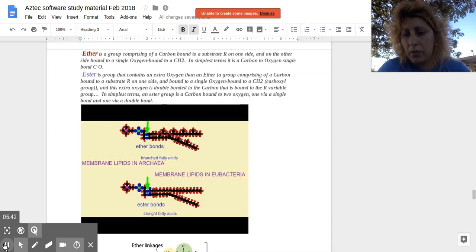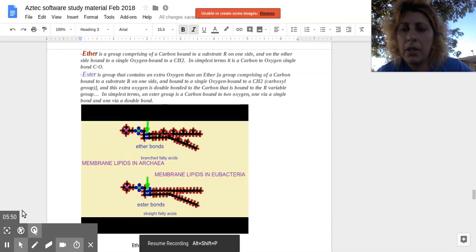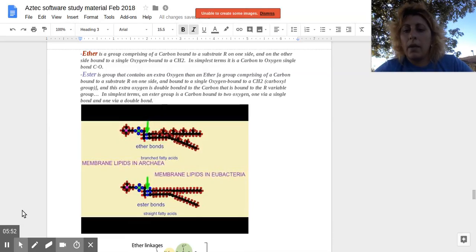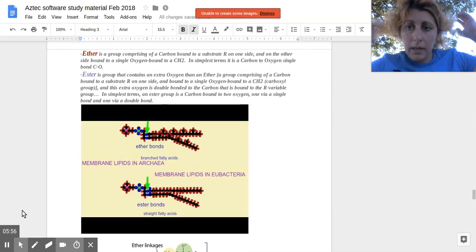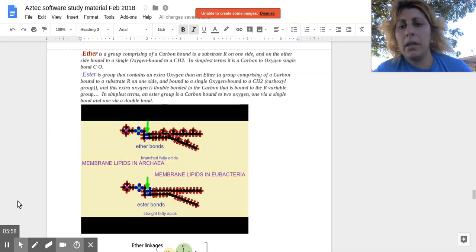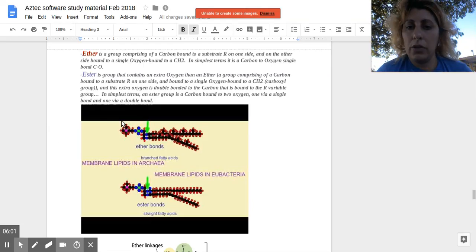bound within the phospholipid molecule. So ether is a group comprising a carbon bound to a substrate or R on one side, and on the other side bound to a single oxygen bound to a CH2.